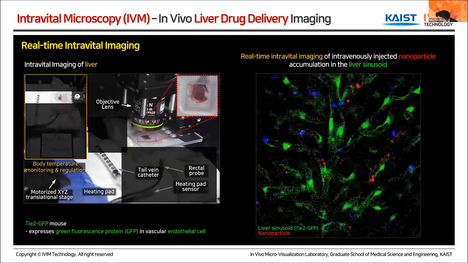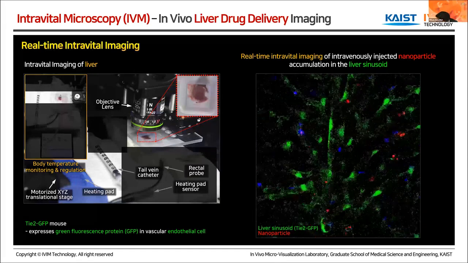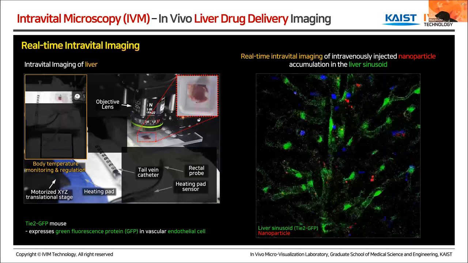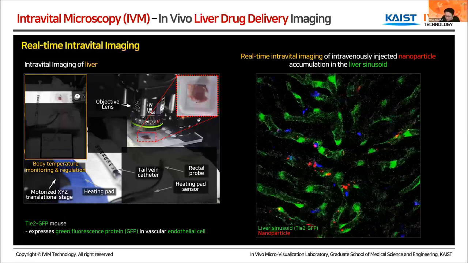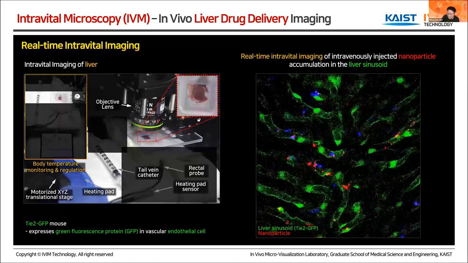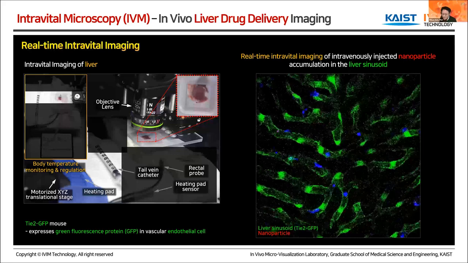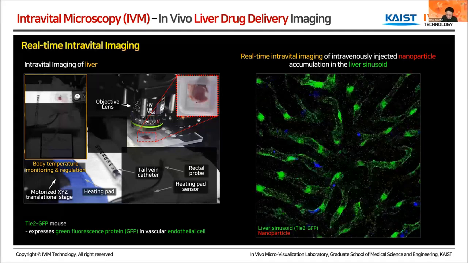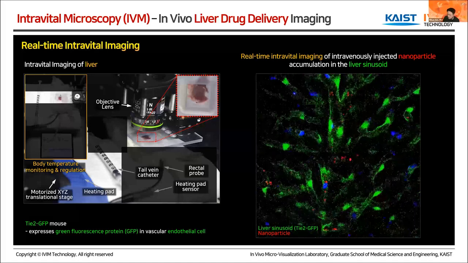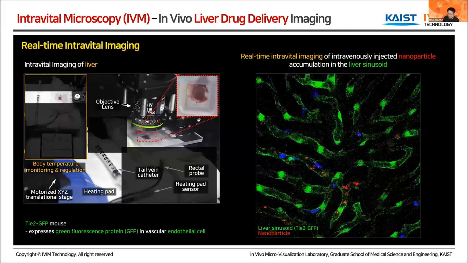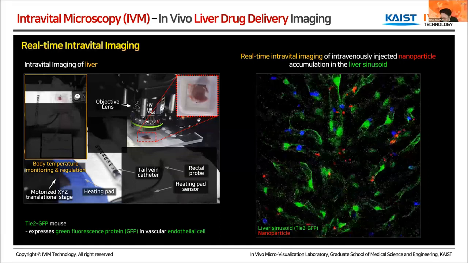And then, is the cranium the only bone tissue amenable to imaging for bone marrow? Well, the answer is no. The cranium is easy. That's why we normally use cranium to image the bone marrow. But if you want to image the bone marrow in a long bone or tibia, then it's possible, but you need an additional surgical procedure.